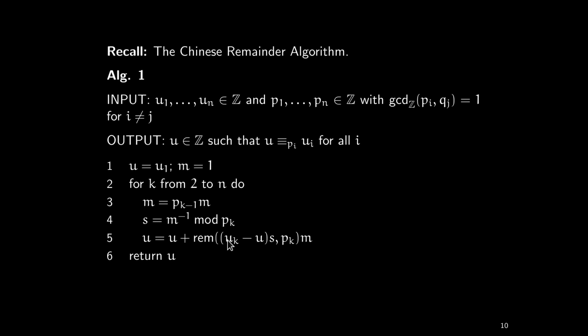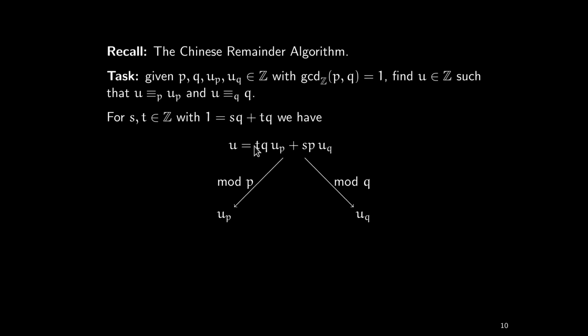And here this formula is slightly more efficient than this one, because this expression that I had here is useful for showing what is happening, but it's not the one that we want to use in computation, because this will be in general larger than p times q, and you want to have something that is smaller than p times q, because you want to have the canonical representative of the equivalence class mod p times q.